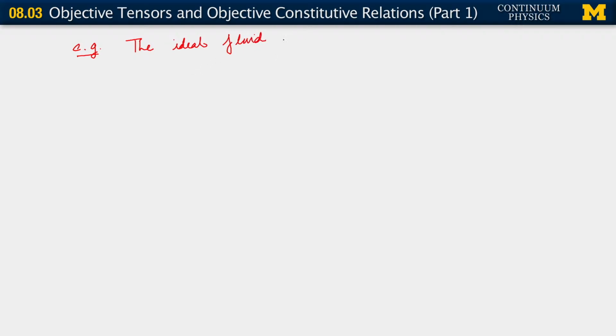The constitutive relation for the Cauchy stress was sigma equals some function of the mass density multiplying the isotropic tensor. Okay? Right, we've studied this. Okay, so what happens now is that we have a change in basis, right?